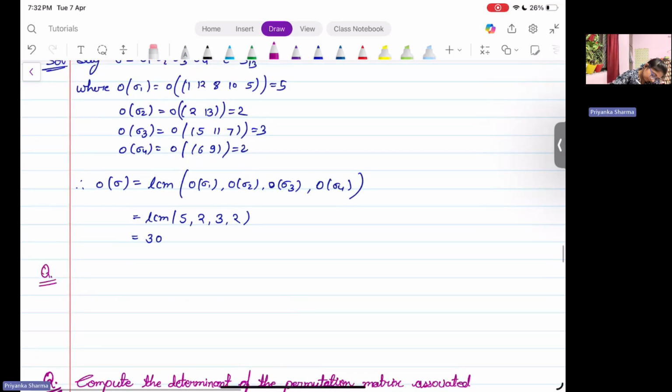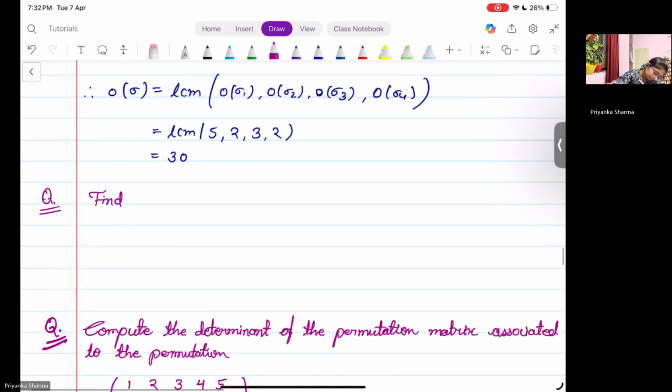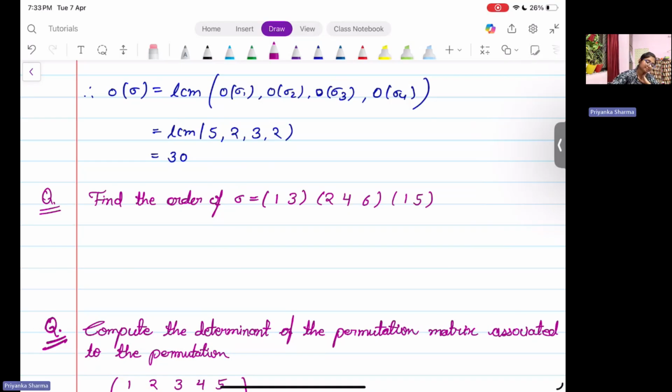What if the question is given like this? Find the order of sigma, which is this.